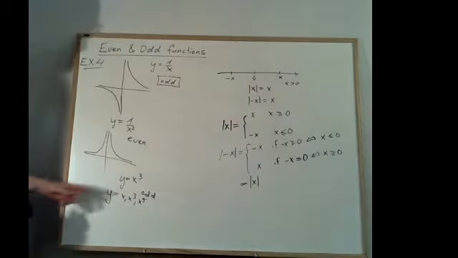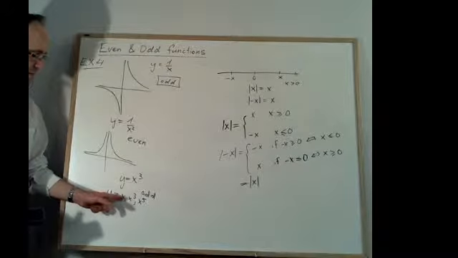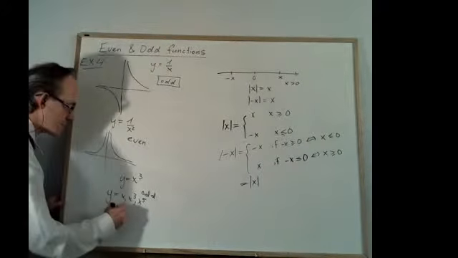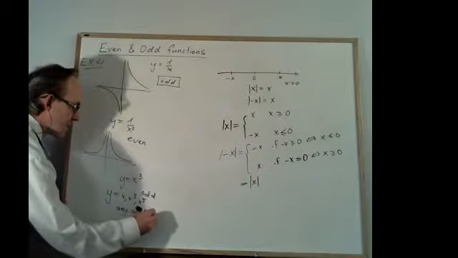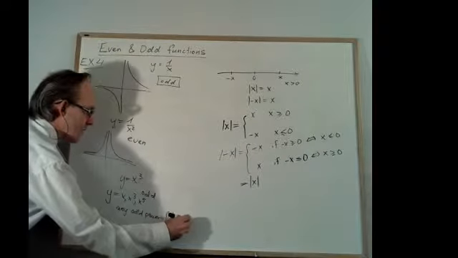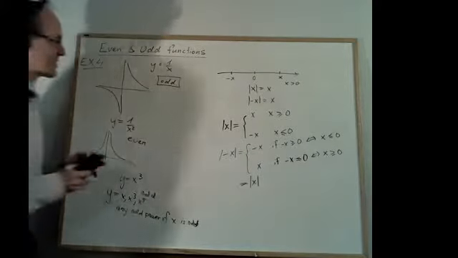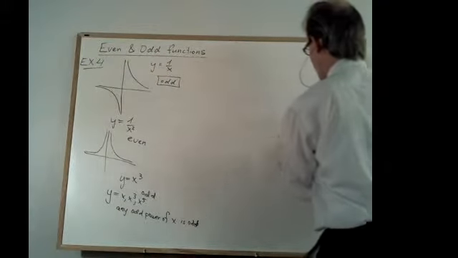So this is one reason that these functions are called odd and even. The odd powers are 1, 3, 5, 7, 9. And you guessed it, the even powers of x are also even functions.